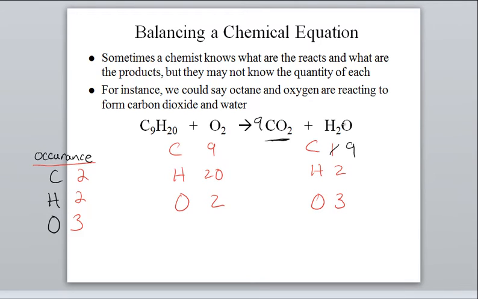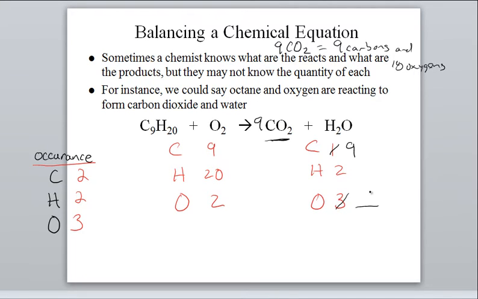But that also changed the number of oxygen atoms. Okay, so 9 carbon dioxide molecules, 9 times 2, this would give us 18 oxygen atoms. So 9 carbon dioxide molecules, that's 9 carbons and 18 oxygens. So we need to recount the number of oxygens too.